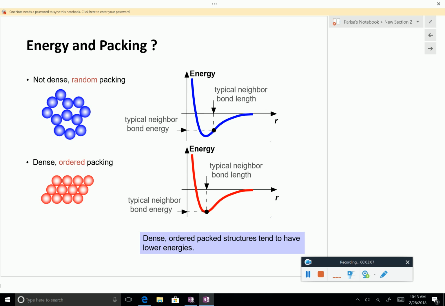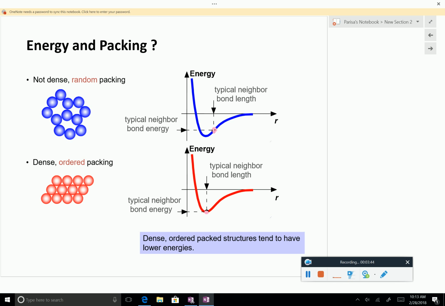Last time, you saw this curve, the energy versus the interatomic separation or spacing. It turns out that where the material actually stands on this curve depends on the packing. If the material is just randomly packed, it's not very dense, the atoms are not very closely packed, you are not at the most stable place, you are not at the minimum.